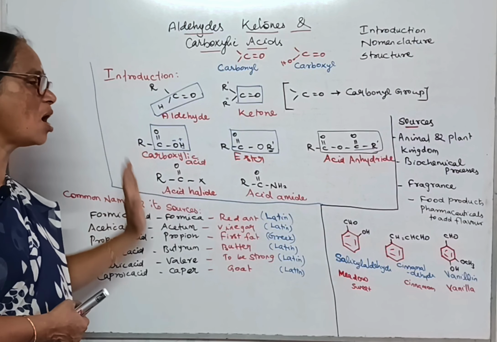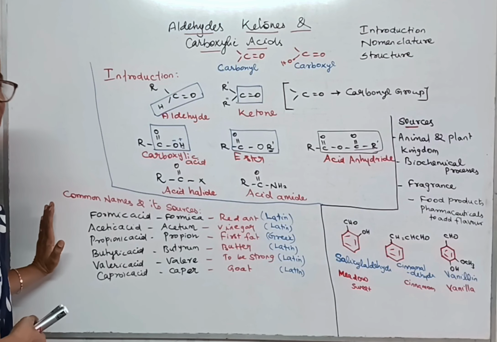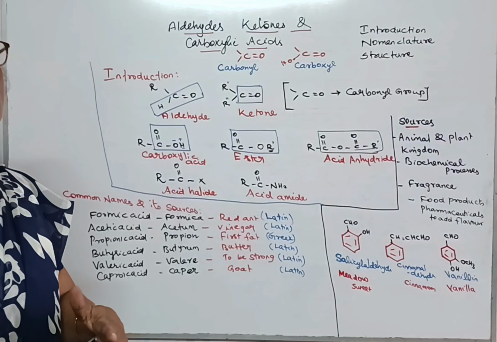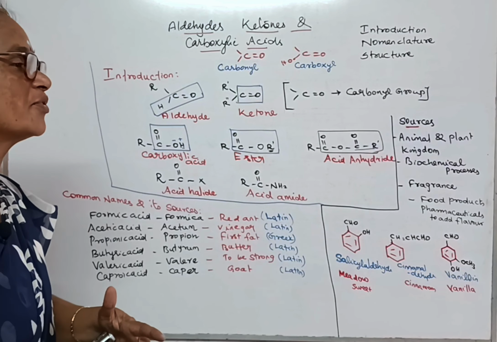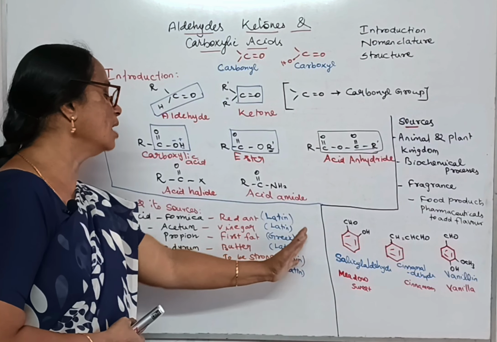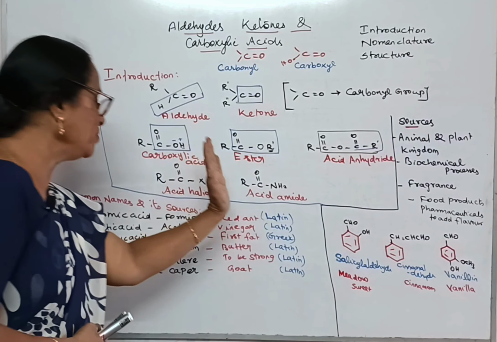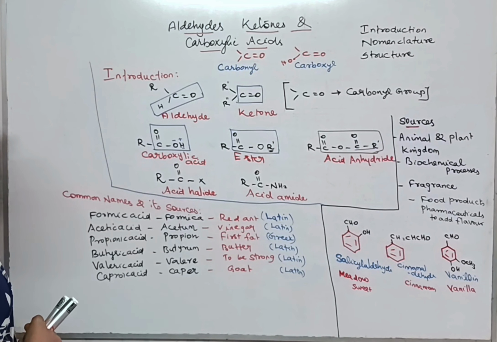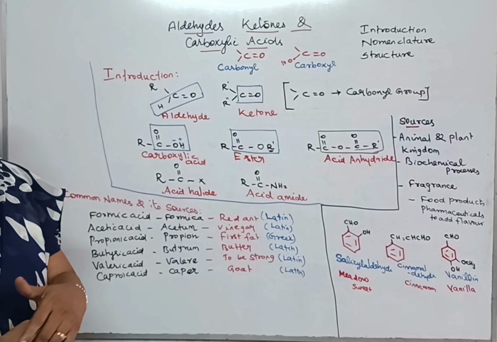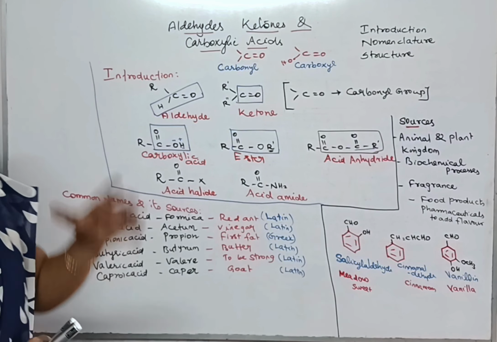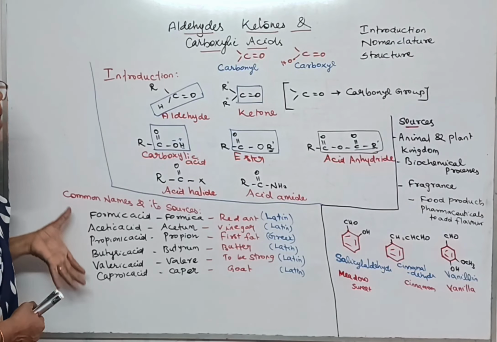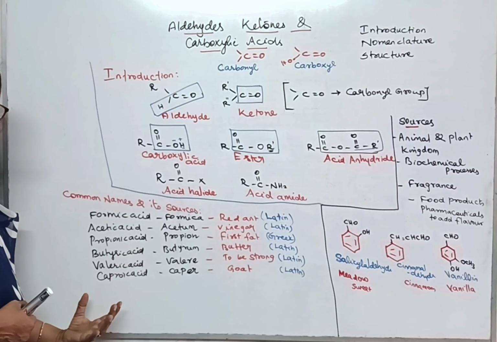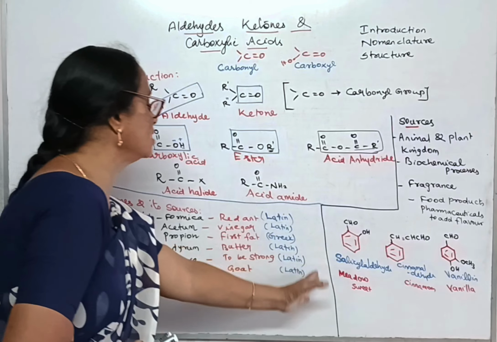Most of the common names have been derived from their sources, and the sources are also known in terms of their Latin or Greek names. From the carboxylic acids we get the corresponding aldehyde and ketone names. So first we should know the carboxylic acids and how they derived their common names from their sources.